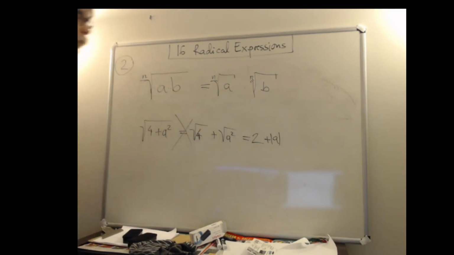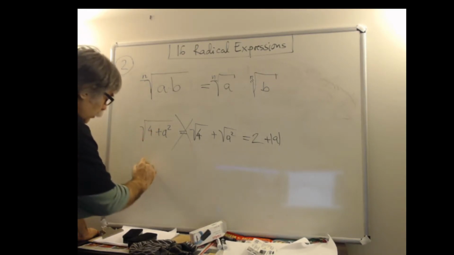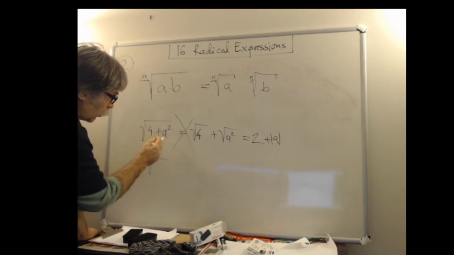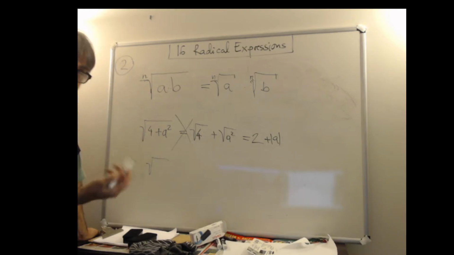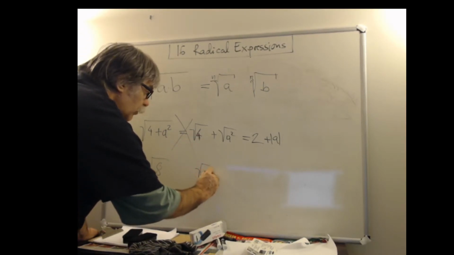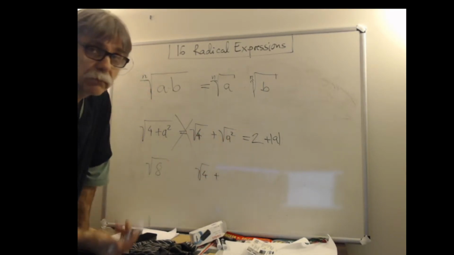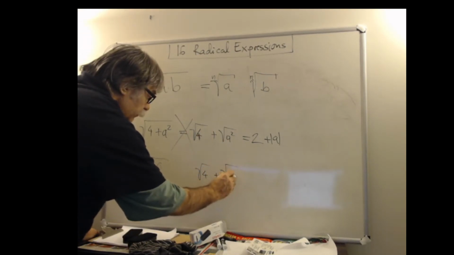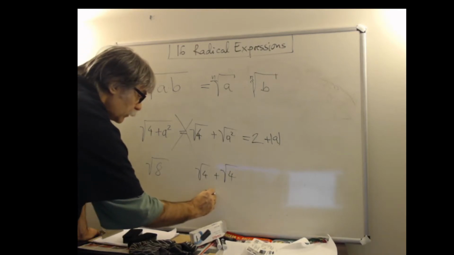Okay? And if you need any more convincing, choose a to be 2. If a is 2, you will have here radical of 4 plus 2 squared, which is 4. So you get 4 plus 4, which is 8. And on this side, you will have radical of 4 plus radical of a squared. 2 squared would be another 4. So this is 2, and this is 2.